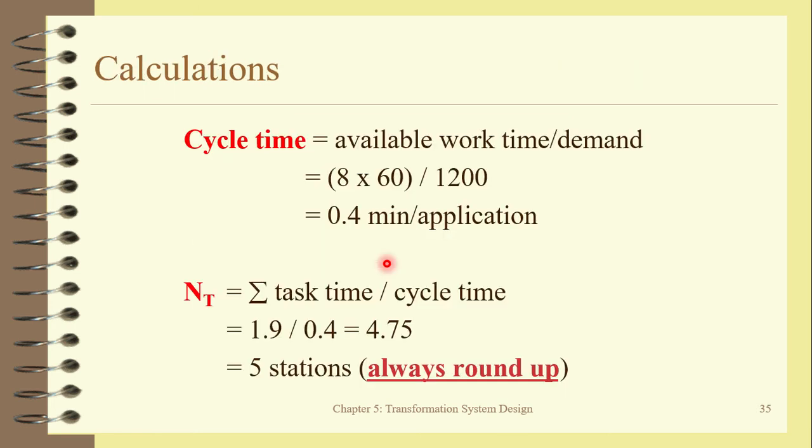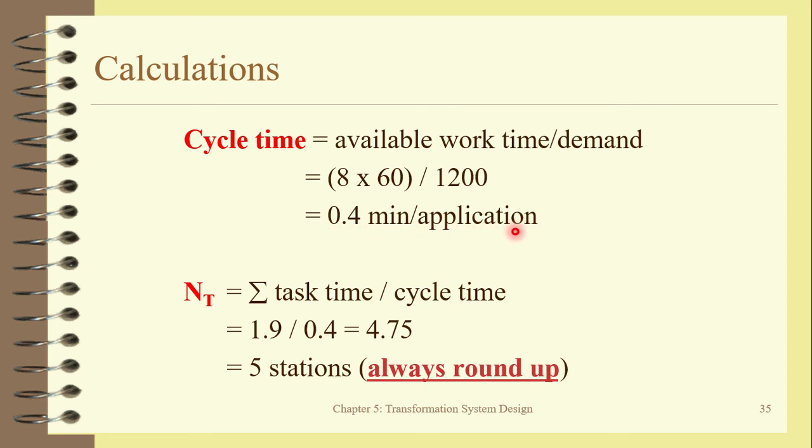So the cycle time of this line, in order to complete all the applications within a day, is the available work time, that is 8 multiplied by 60, divided by 1,200. An 8-hour day, 1 hour is equal to 60 minutes, and this is the requirement, right? 1,200. So the cycle time of the line is equal to 0.4 minutes per application.